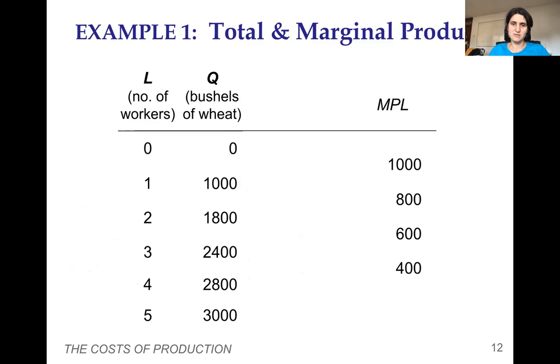Okay, and so these are marginal products. So this is the effect of the last worker on total output.